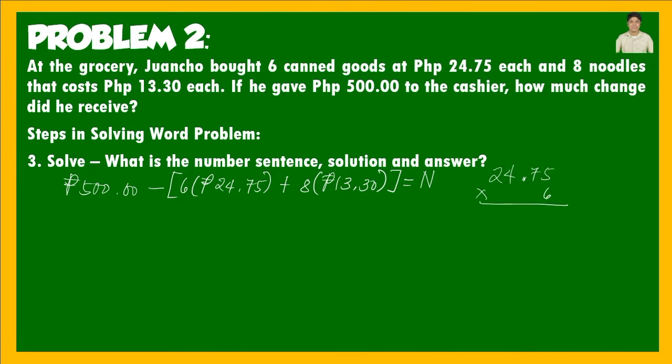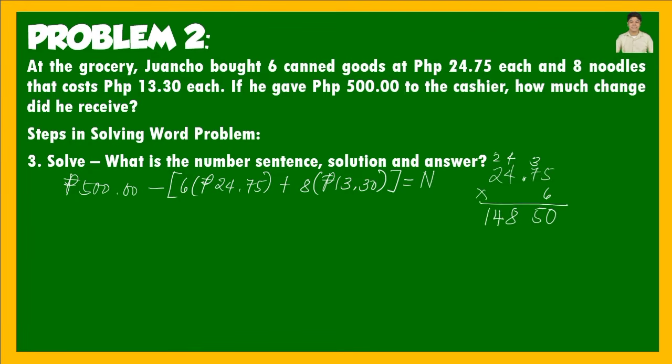So 5 times 6 we have 30. So sulat natin 0 and then 3. 7 times 6 we have 42 plus 3, 45. So we'll write 5 and then carry 4. 4 times 6 we have 24 plus 4, that is 28, and then carry 2. 2 times 6 we have 12 plus 2, that is 14.